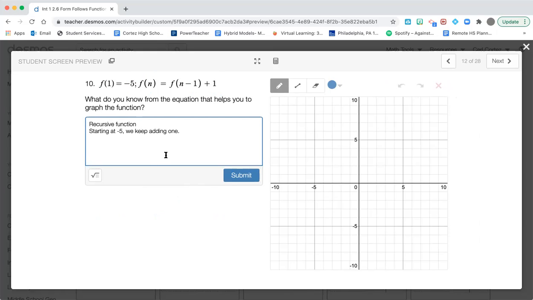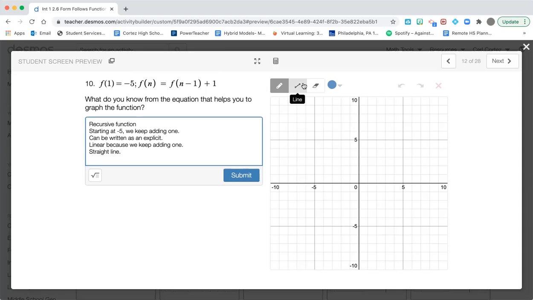We could eventually put this into an explicit, so it can be written as an explicit. I know that it is linear because we just keep adding 1. And it's a straight line when graphed out.